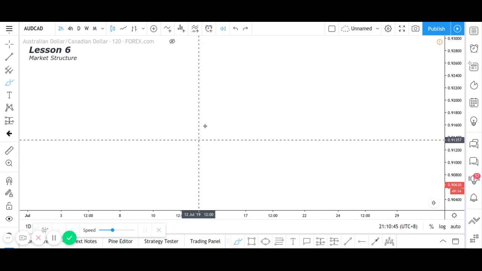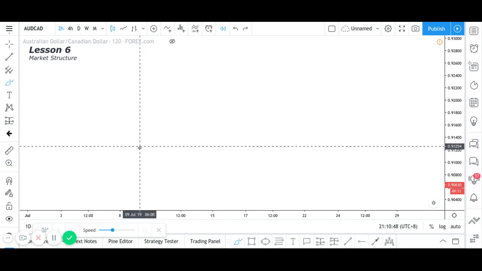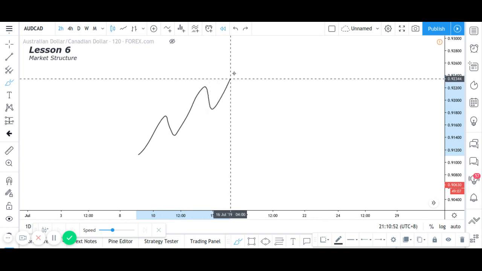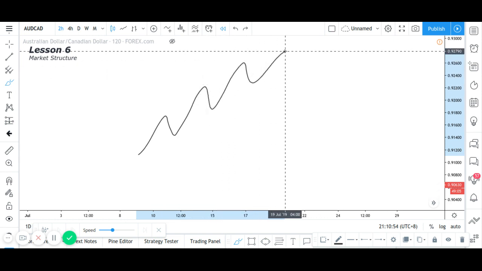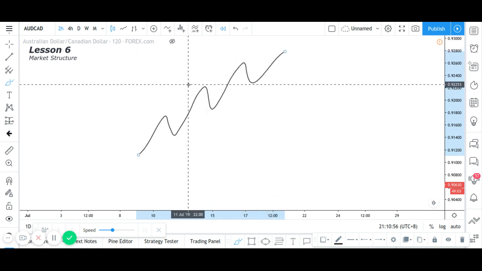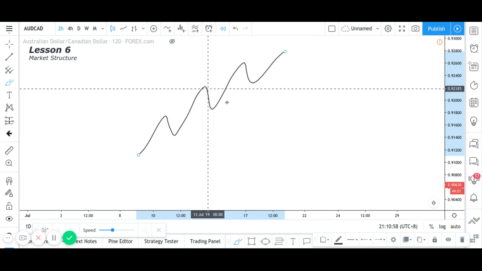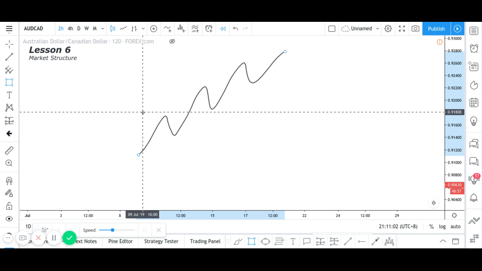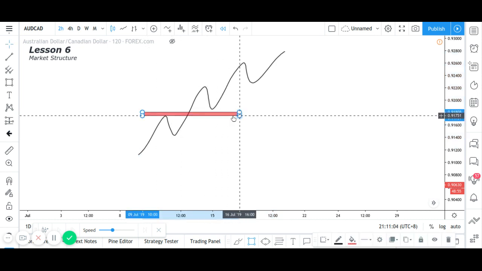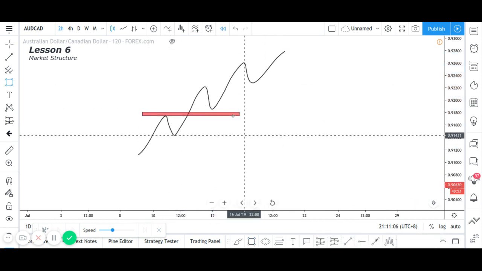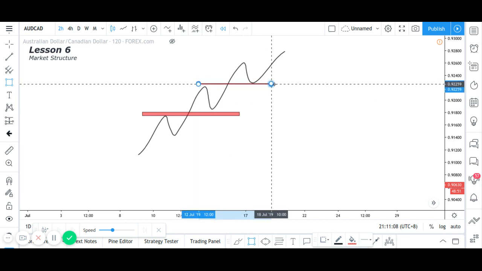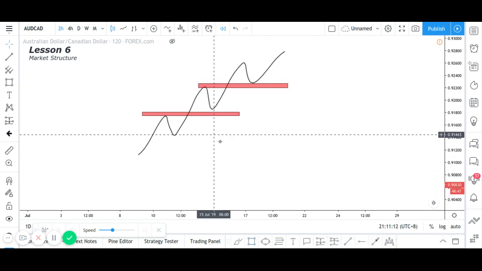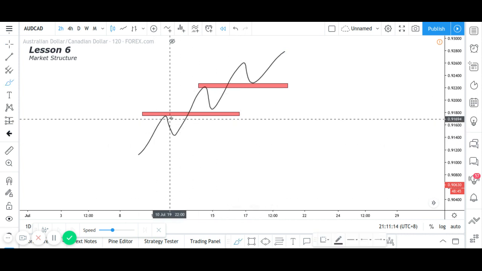Now, the most important thing about market structure is we need to make sure that the market is printing higher highs and higher lows. The only way that we can know whether the market is printing higher highs and higher lows is by using a trend line or a horizontal ray, something like that, just to show you exactly how the market is printing higher highs.